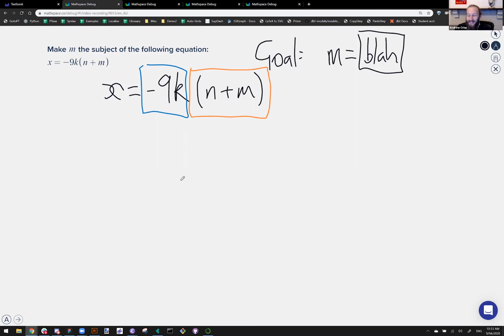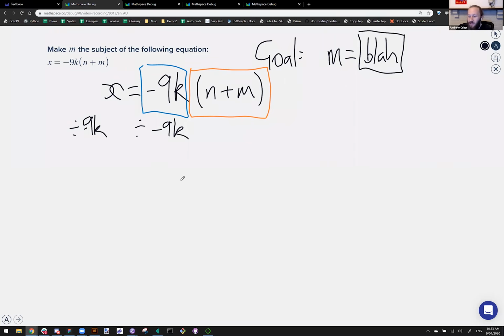We're going to do exactly the same thing here. I'm going to divide by minus 9K on both sides. Whether it was 20 or a bunch of letters or anything, it's something that is multiplying the box that has our M in it.